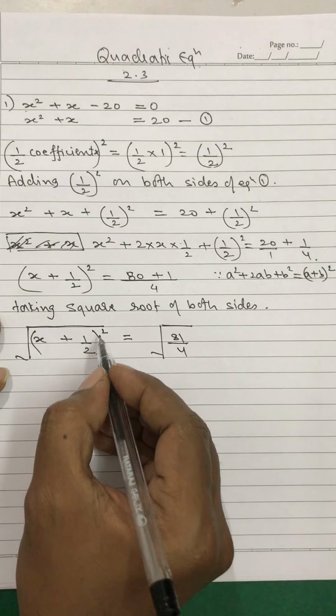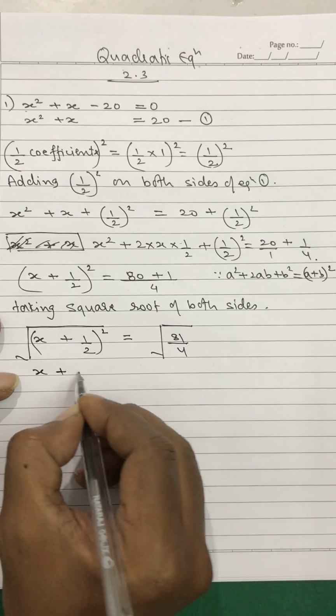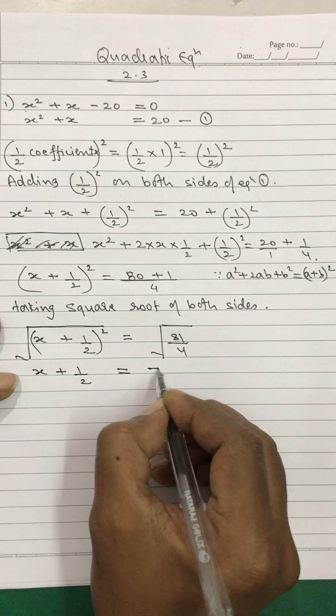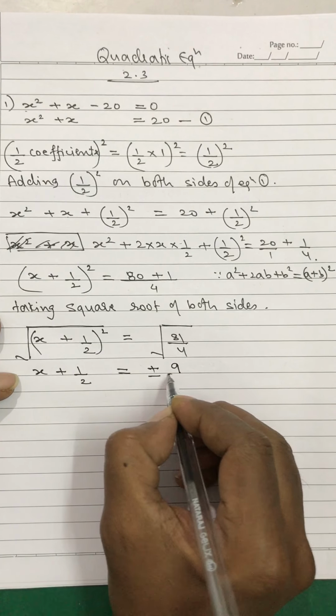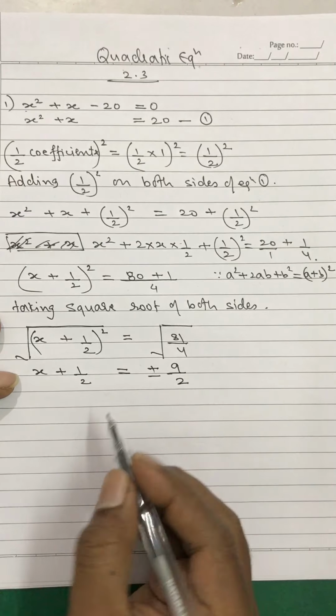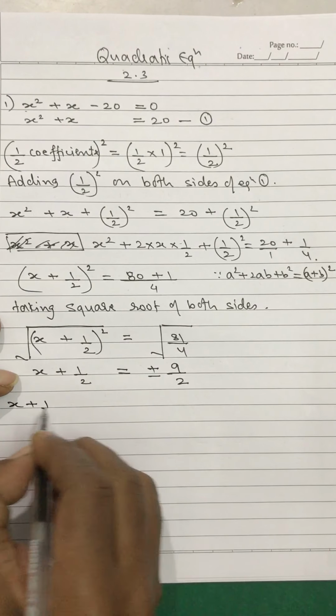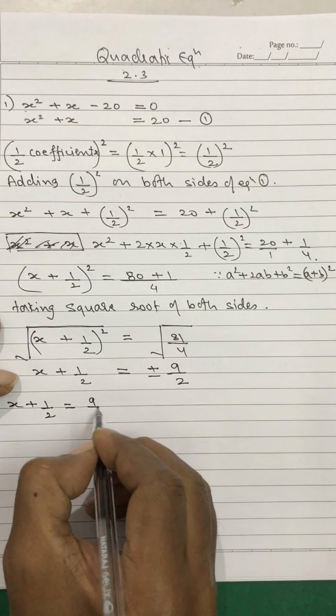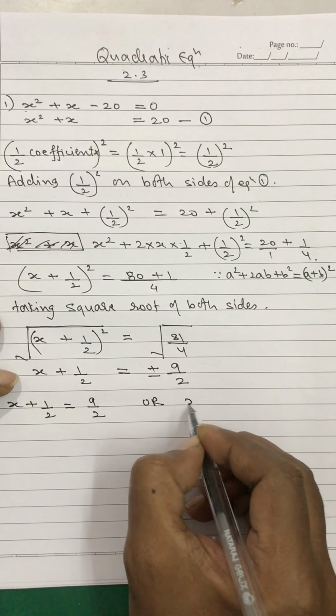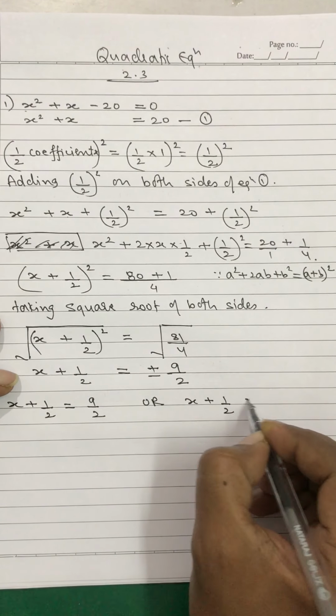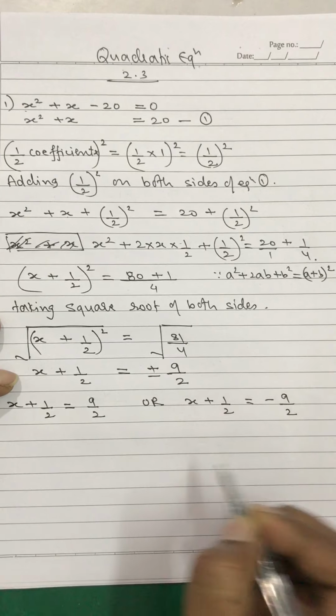With the square root and the whole square going away, I will get x plus 1 upon 2 is equal to plus minus square root of 81, which is 9, upon square root of 4, which is 2. So I get x plus half is equal to 9 upon 2, or x plus half is equal to minus 9 upon 2.